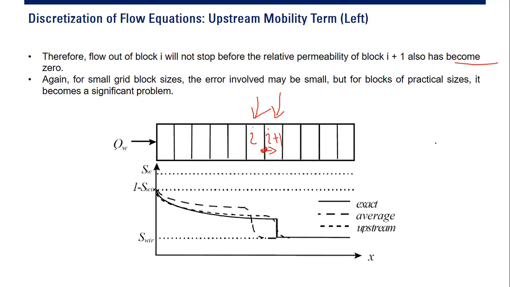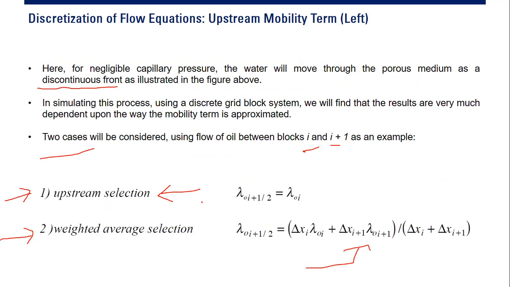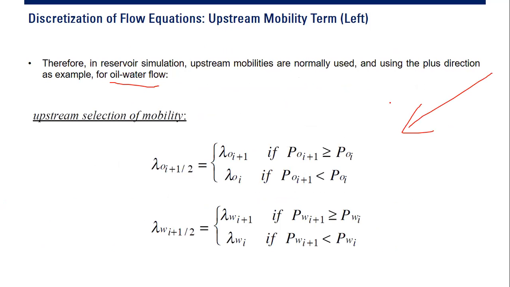So by this explanation, the conclusion is that we want to use the upstream selection, where the mobility of oil at block I plus half equals the mobility of oil at I. Okay, we prefer upstream mobility.